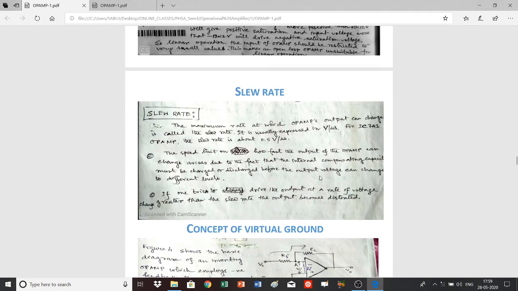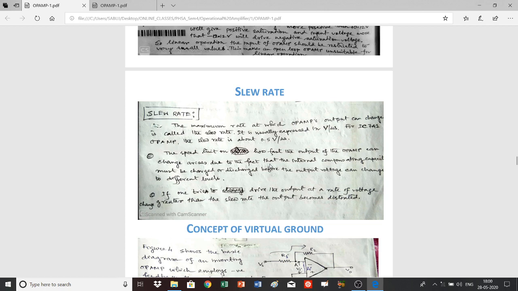Now slew rate is very important, which will determine how fast the op-amp will operate, and it is defined as the maximum rate at which the op-amp output can change, and it is measured in volt per microsecond. For the IC741 op-amp, the slew rate is about 0.5 volt per microsecond.